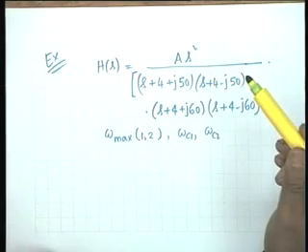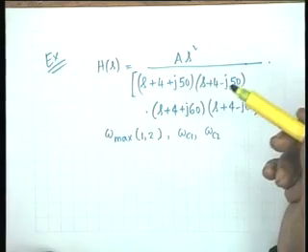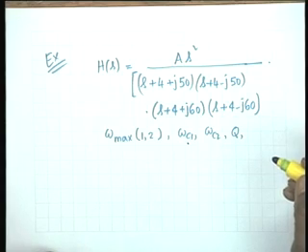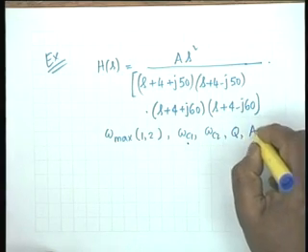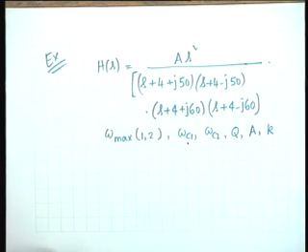You must be careful, there is a power of 2 here. It is band pass because at s equal to 0 it is 0, and at s equal to infinity it is also 0. So in between there must be a maximum, and therefore there must occur an omega C1 as well as omega C2. You have to find out the value of Q. You remember Q is 1 by 2 zeta. Then the value of A and the value of the coupling coefficient k. These are the things to be found out.